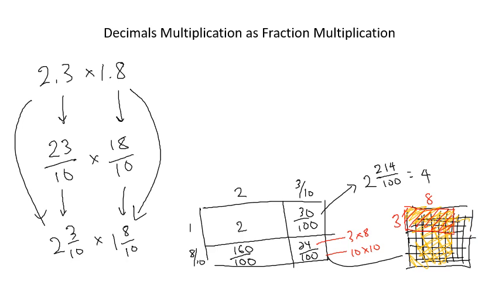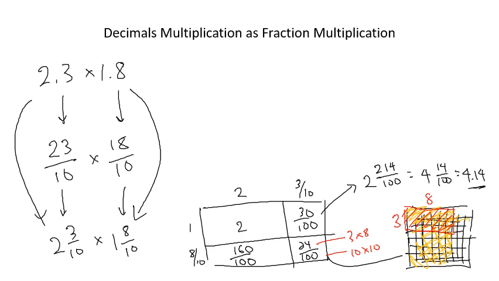So that's 4 and 14 over 100, which is 4.14, which is what we got previously. So we can work through this way and get this answer this way.